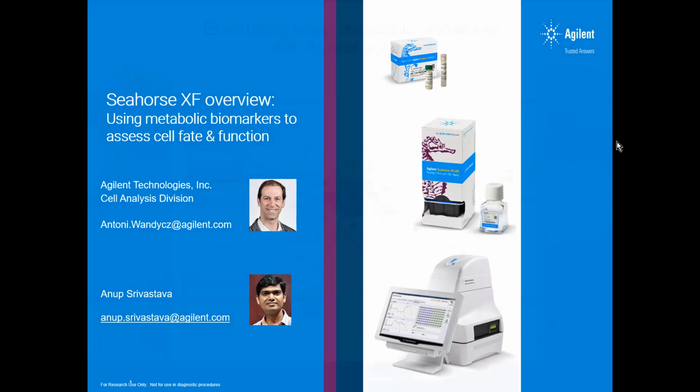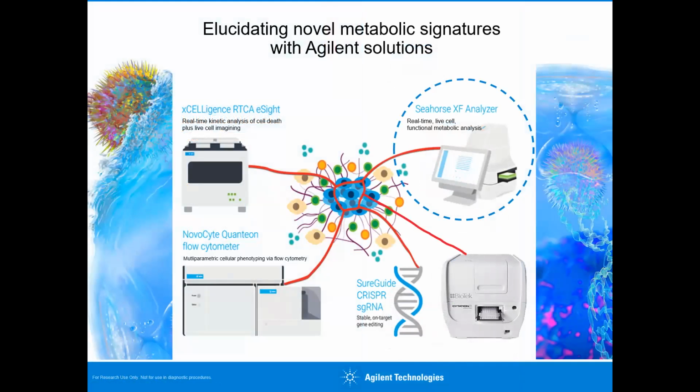I'll focus on SeaHorse today, obviously, but I wanted to make you aware that Agilent has a lot of different technologies that can help you, especially if you're looking at single-guide RNAs and CRISPR. We have the NovoCyte line of benchtop flow cytometers from ACEA, up to 25 colors.